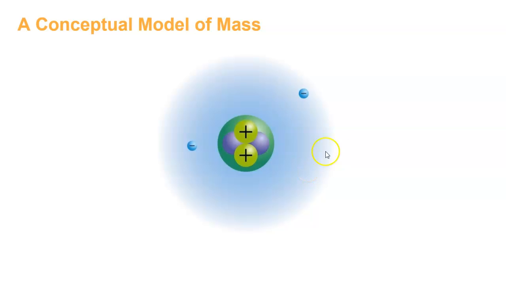We have several models of the atom. This is one type of model, and we usually use this in high school to teach chemistry. If you took college-level chemistry, you would find out there are several different types of models. But this is called a Bohr model, and in a Bohr model, an atom is made out of three things.